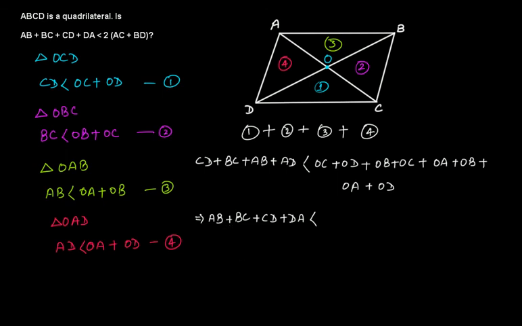Now if you look here, OC is coming 2 times, so 2 times OC, plus OD is coming 2 times, so 2 times OD. OB is coming 2 times, so plus 2 times OB, and OA is coming 2 times, so 2 times OA.